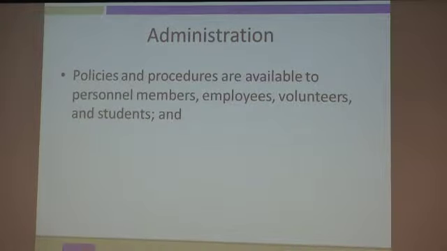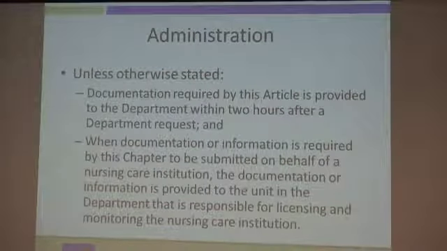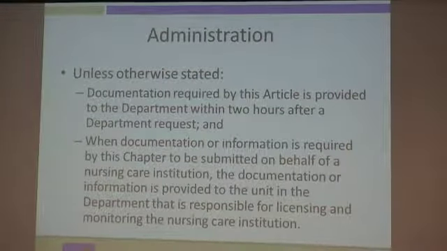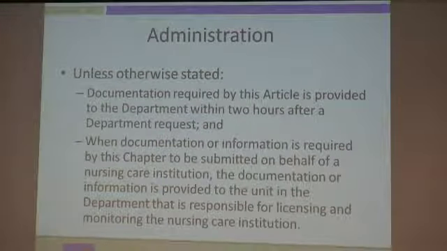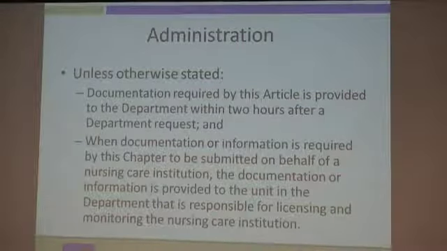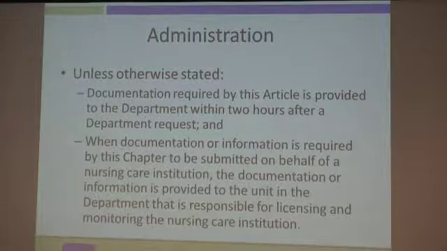Policies and procedures are available to your personnel, staff members, employees, volunteers, and to students. Unless otherwise stated, information is provided to DHS within 2 hours of request. Basically, if we're requiring documentation from the facility and we're not on site, we're out on survey with you, we usually give you 24 hours to provide any other supplemental information.